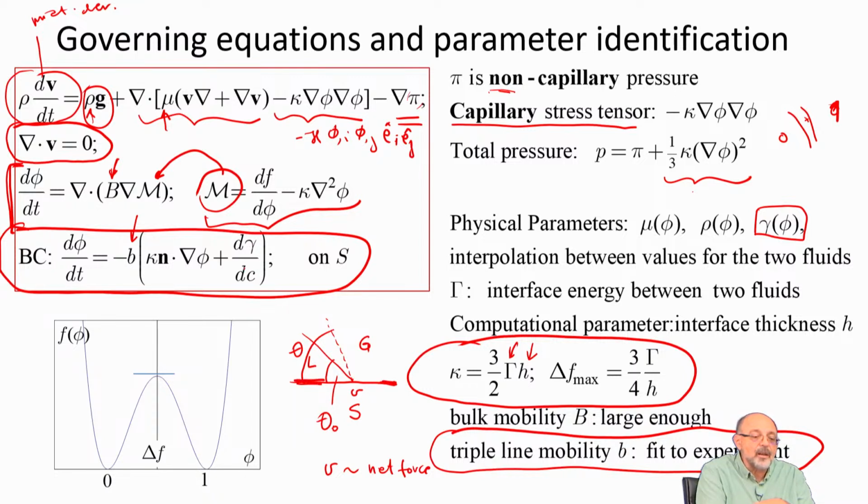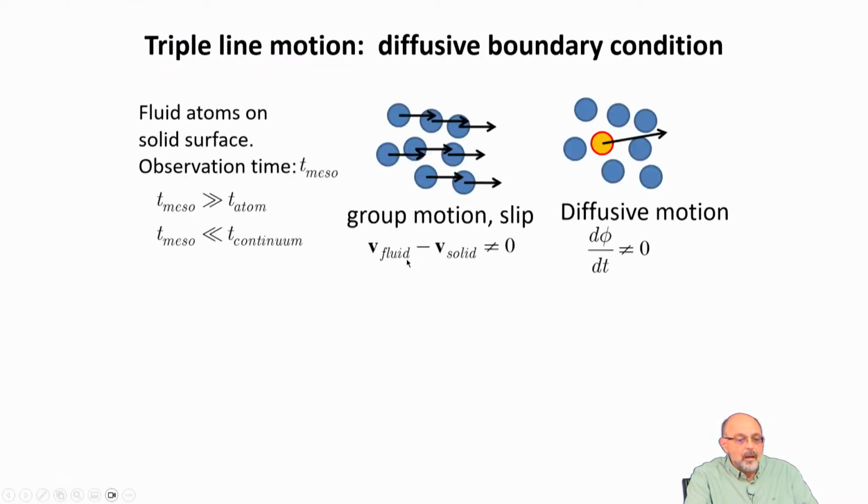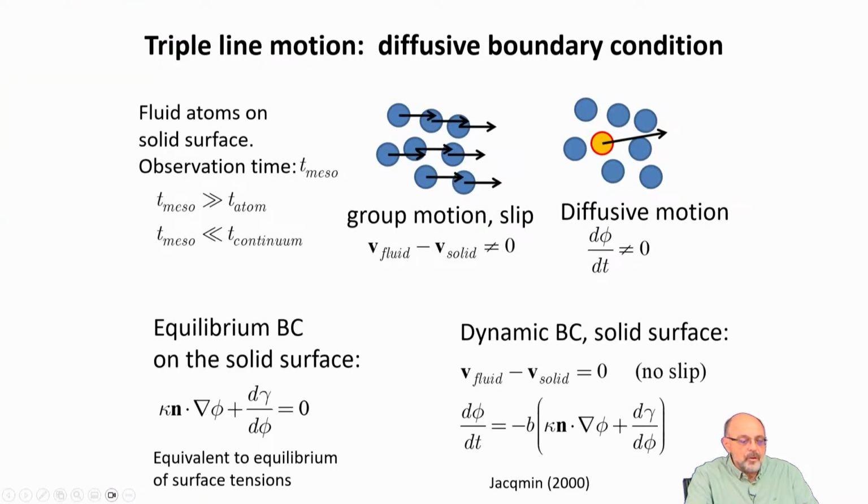But instead of... sorry, this is phi, my mistake. I'll have to correct that. So instead of a difference in energies, I have a gradient. Now, what is diffusive motion of a triple line?